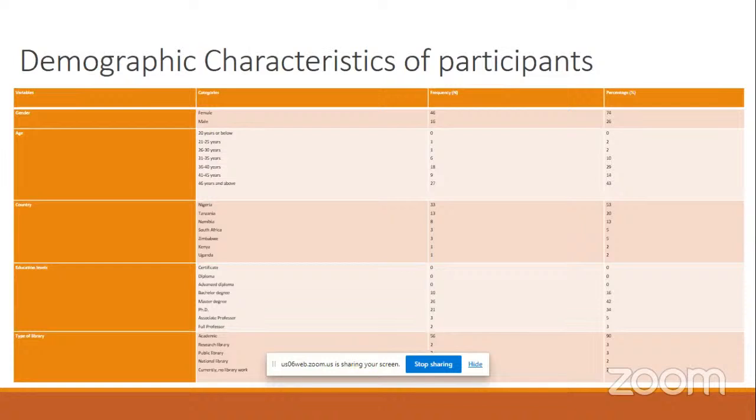So we hope there are proper research plans for these libraries to retain their skill set. Looking at the educational level, over 42% of participants have master's degrees, while 34% have a PhD.